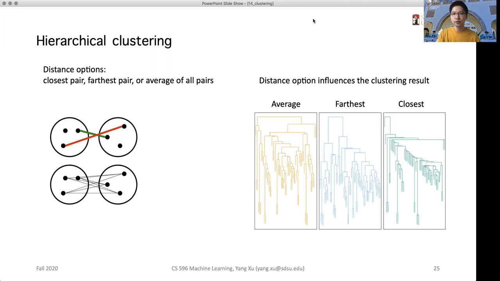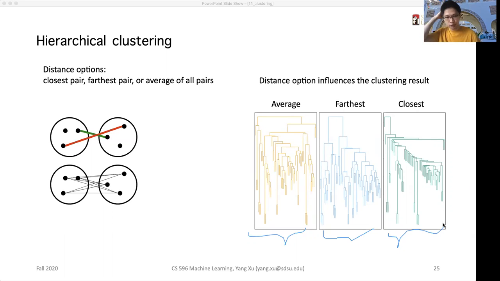For example, if we use the average distance, the dendrogram will result like this, while farthest or closest will give different results. So the distance is a hyperparameter that we can tune in order to obtain different types of clusters.